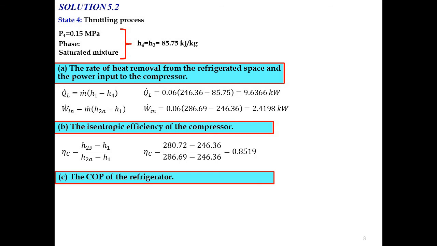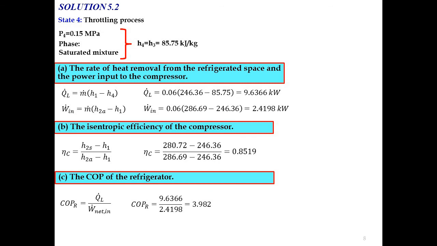And the last one, you need to determine the value of COPR. We have the formula for COPR: COPR equal to QL dot divided by W net in dot. We already calculated the individual values of QL dot and W net in dot, so just substitute into the COPR equation. The COPR value is equal to 3.982.